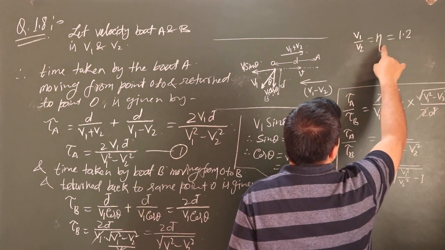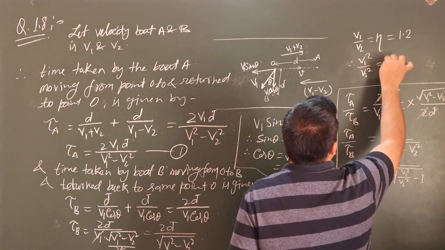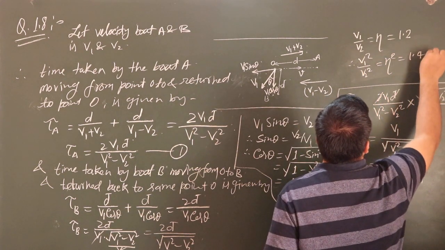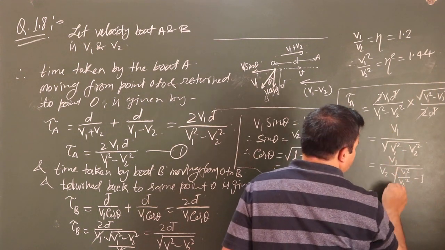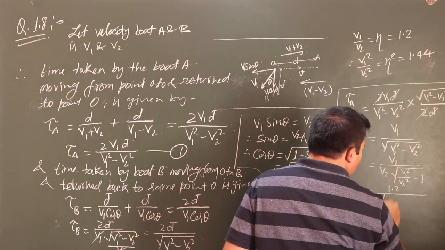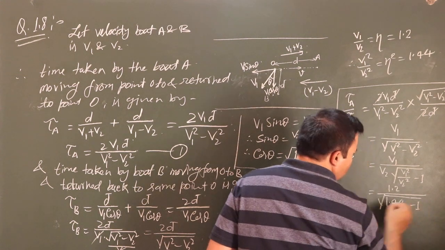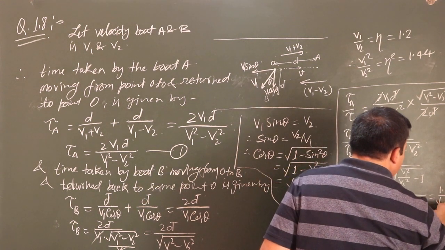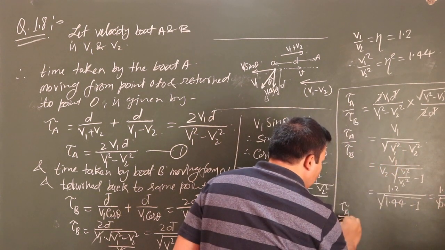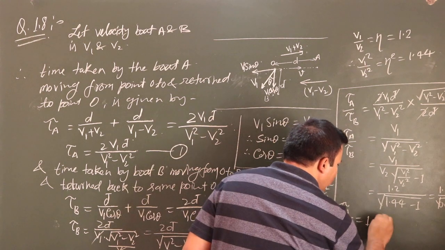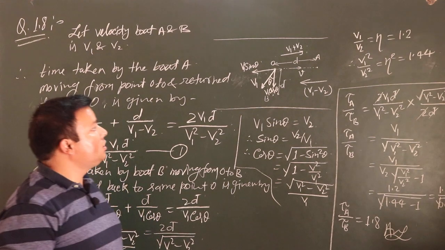Since V1 upon V2 is eta, V1 square upon V2 square is eta square, equal to 1.44. Then we get 1.2 upon root over 1.44 minus 1, which is 1.2 upon root over 0.44. After solving we get tau A upon tau B equal to 1.8. This is the required answer for this question.